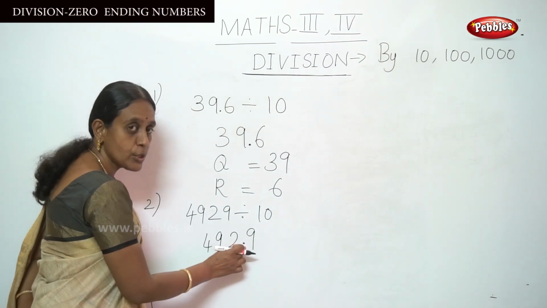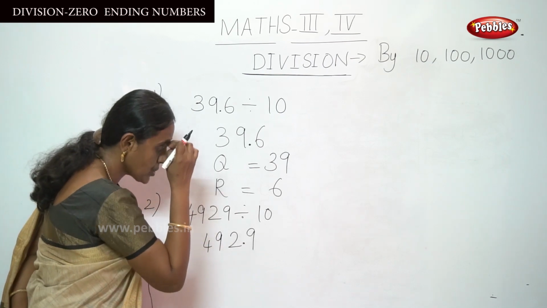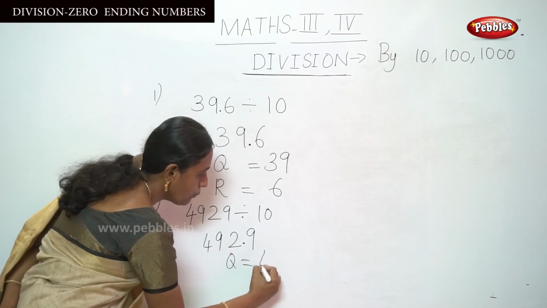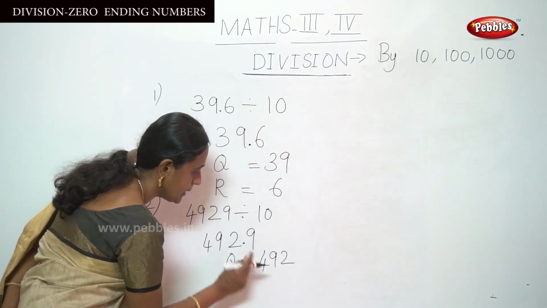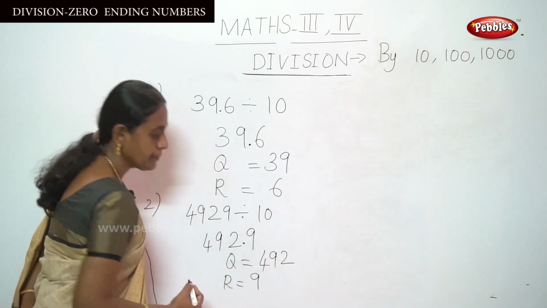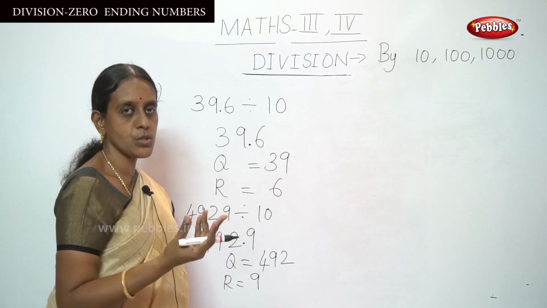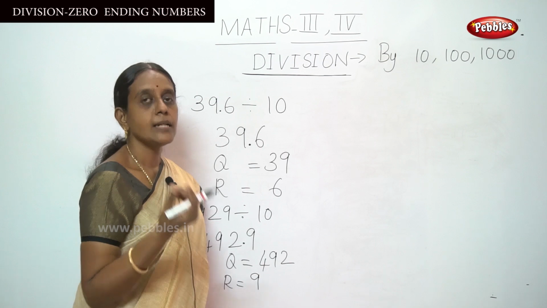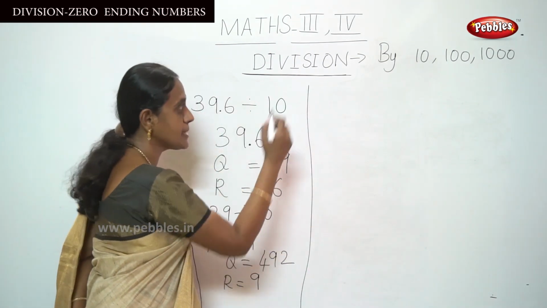And write down this quotient and remainder. The quotient is equal to 492 and the remainder is 9. Without doing our long division method, we can find out the quotient and remainder very easily by counting the number of zeros. Okay, so this is division by 10.